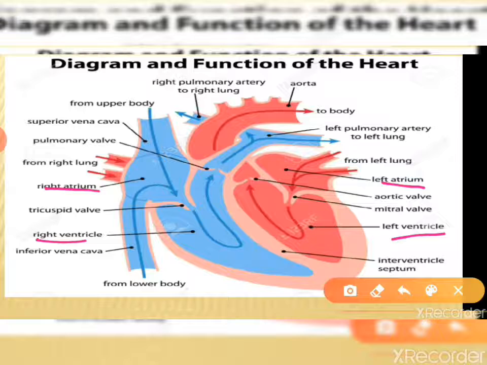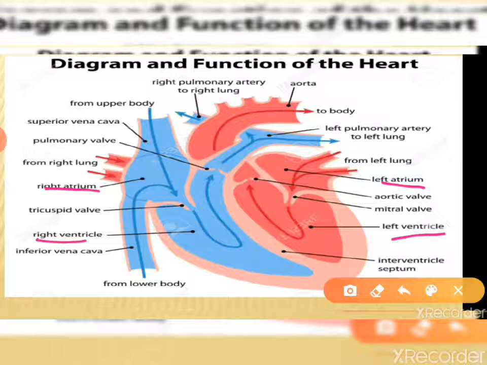The right hand side, as shown by blue color, is containing deoxygenated blood. The blue color signifies deoxygenated blood, meaning blood rich in carbon dioxide, and the red color on the left hand side signifies oxygenated blood, meaning the left hand side is containing pure blood, whereas the right hand side is containing the deoxygenated blood.